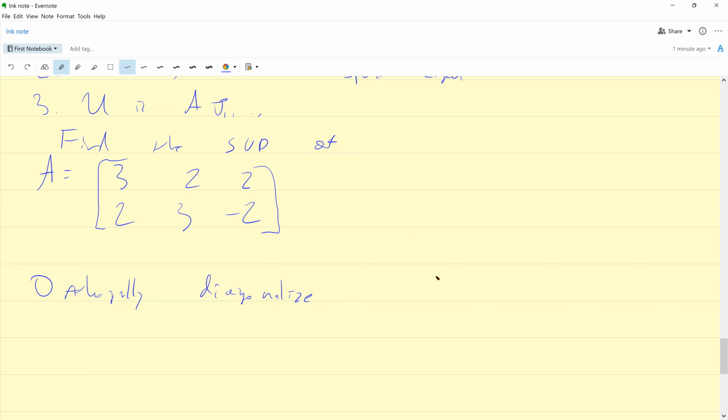Is it A A transpose? I think it's A transpose A. I might have mixed them up. It should be A transpose A, right? And did anyone find what that matrix looks like yet?